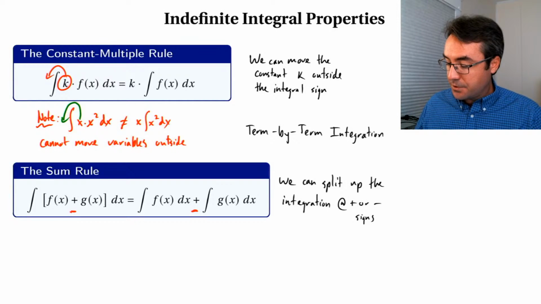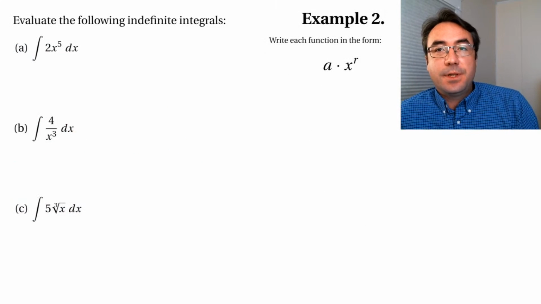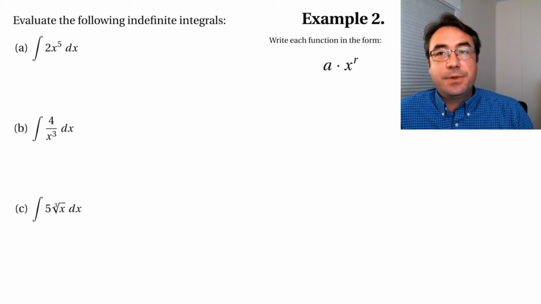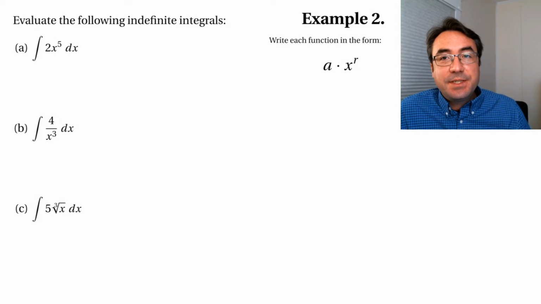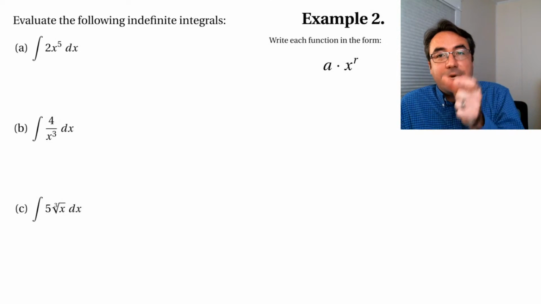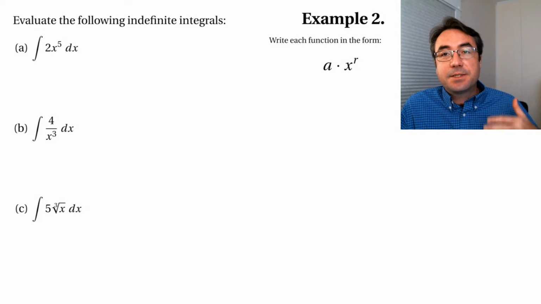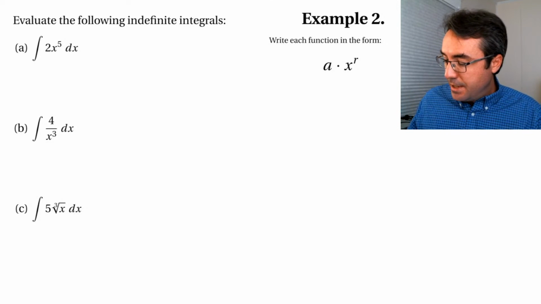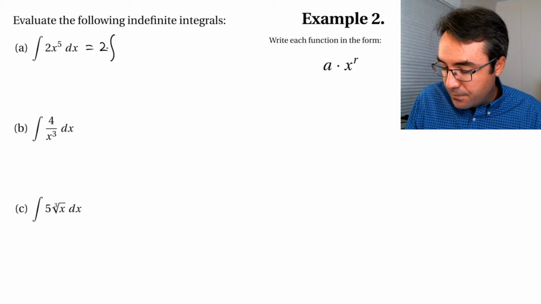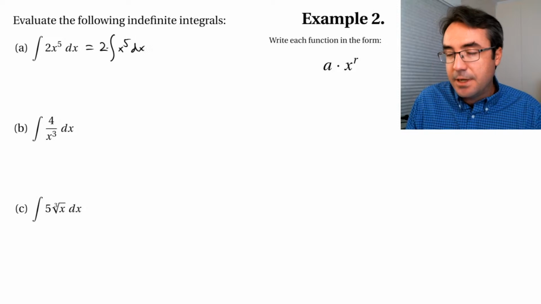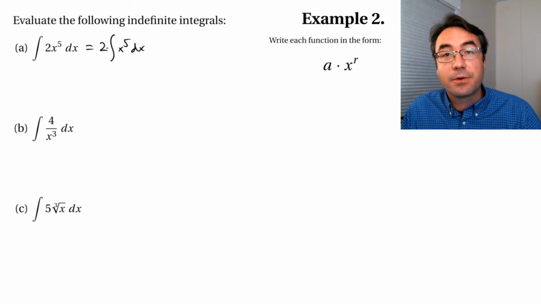So let's see how first the constant multiple rule works. So let's look at part A here, which we want to do the integral of 2 times x to the power 5. And we see that it's a constant term times a variable. So it's a constant multiple. So the way the constant multiple rule works is we can bring that 2 out in front of the integration. And just worry about getting the antiderivative of x to the power 5.